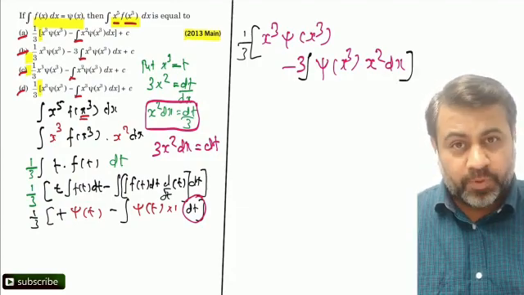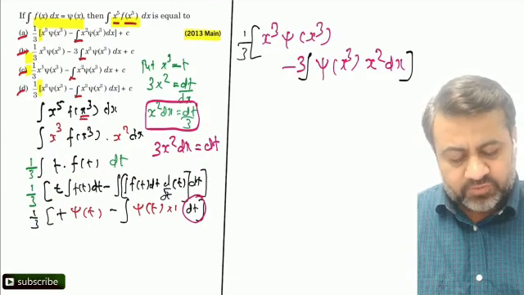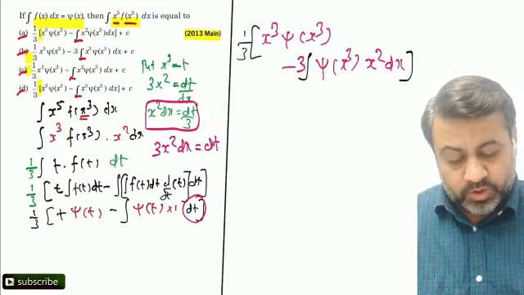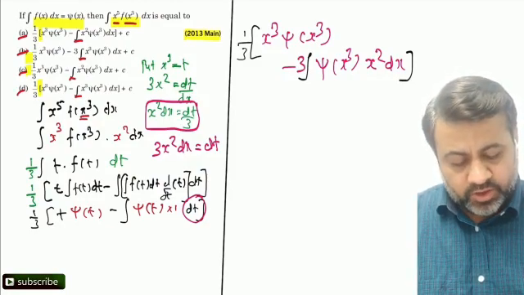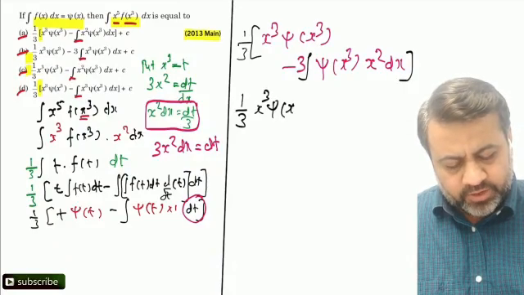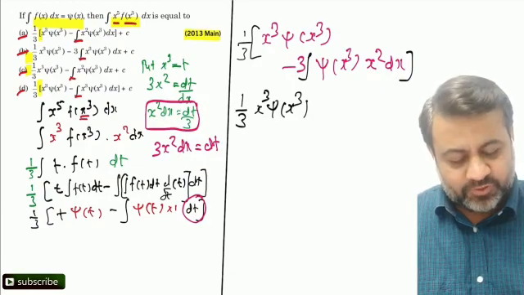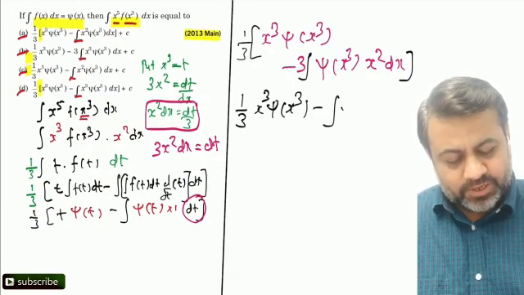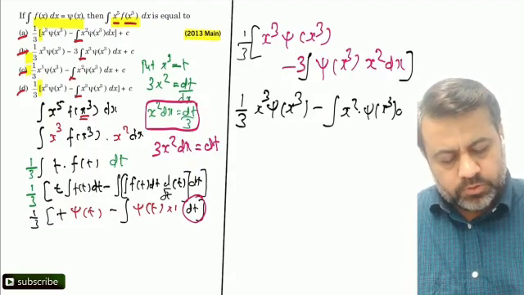If you observe now, this does not match with any of the options, okay? It looks like it is matching with option B, but there the brackets are not there. So if I open this bracket, 1 by 3 x cube xi of x cube minus 1 by 3 and 3, this 3 gets cancelled. So we get minus integration of x square into xi of x cube dx.